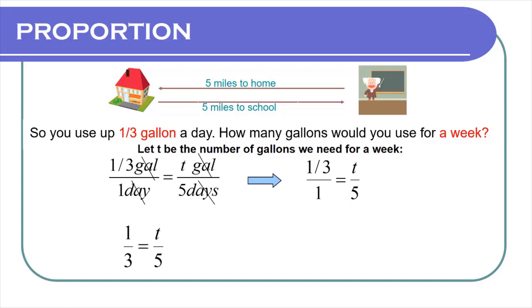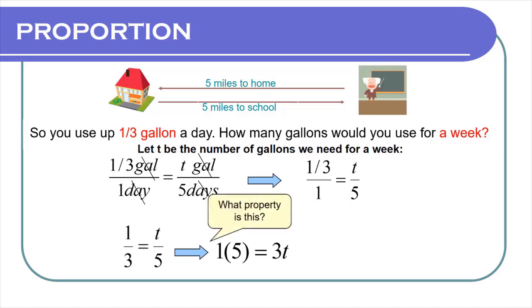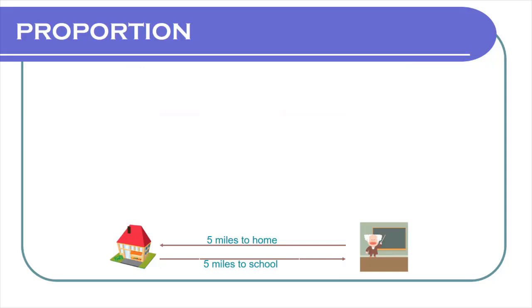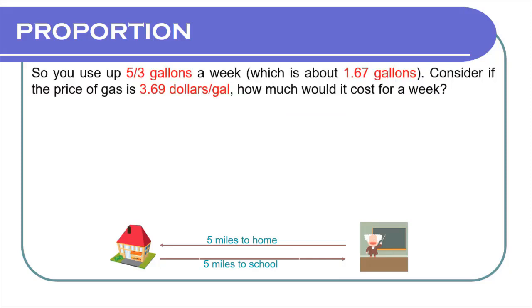So we get 5 is equal to 3T. It means that T is equal to 5 over 3 gallons. We know that he needs 5 over 3 gallons a week.